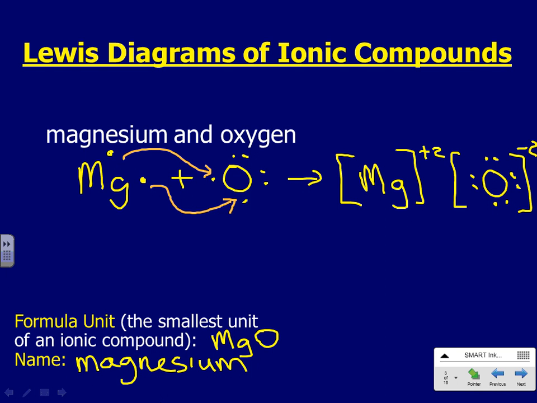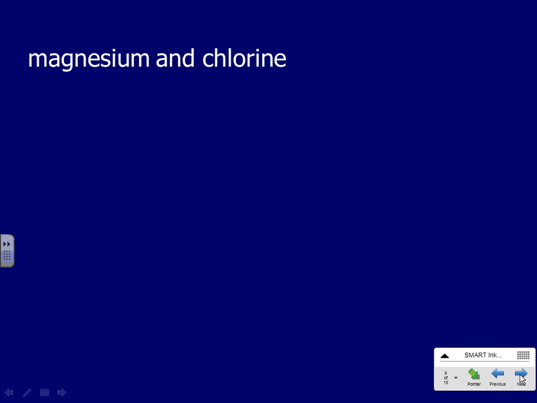What's it going to be? Yep, IDE, and in this case it's oxide, correct. Magnesium oxide. So all we're literally doing to get the name of the compound is putting the name of the positive ion with the name of the negative ion. Magnesium oxide. Let's do a handful more examples.